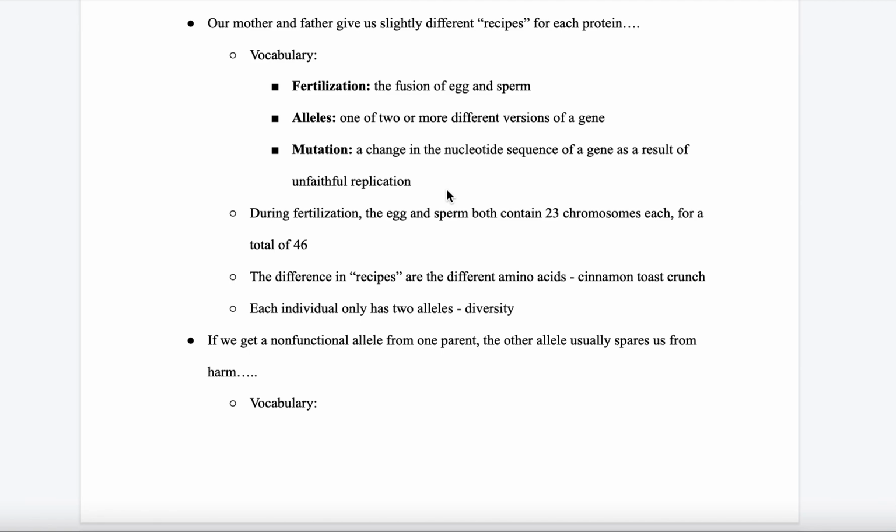An example of this was used in the book, and I thought it was pretty interesting. Think of it as a recipe for French toast: one recipe calls for cinnamon, while another recipe calls for nutmeg. In the case of proteins, the differences in recipes are different amino acids.